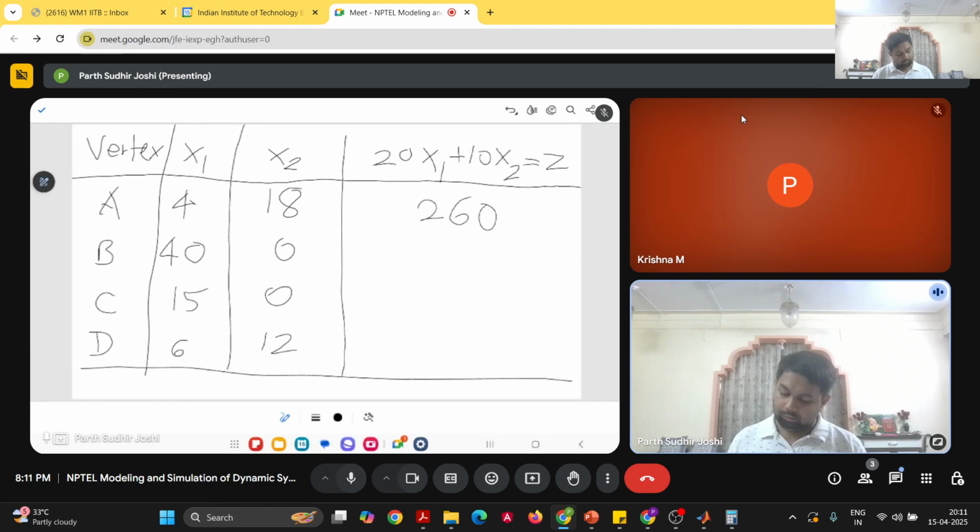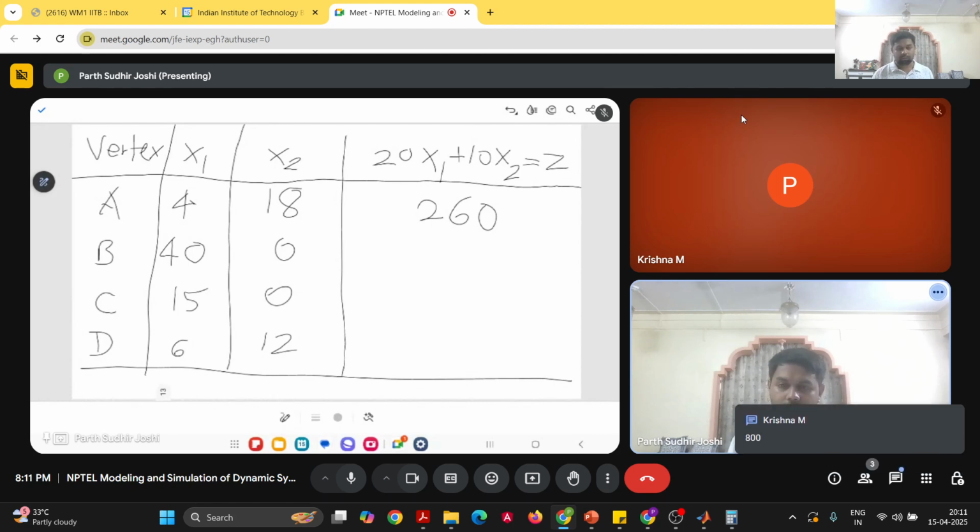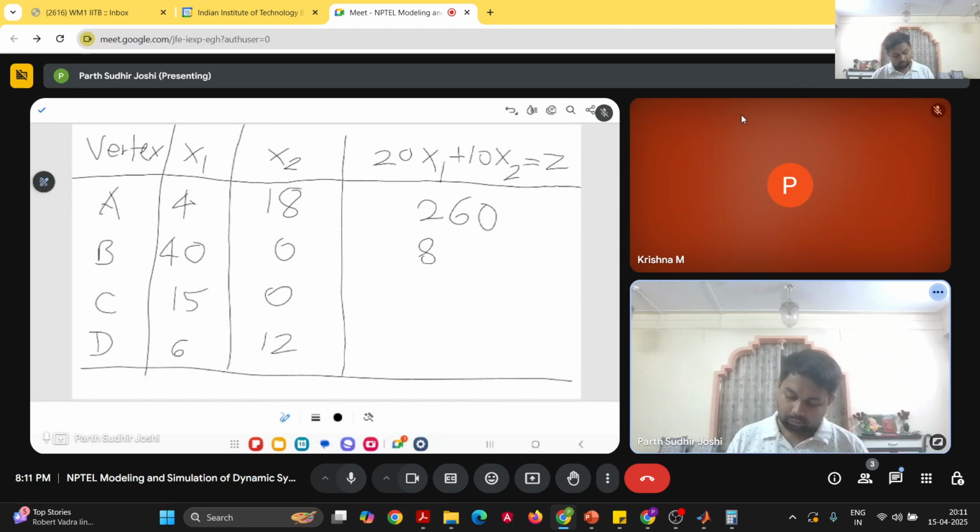Then for the next constraint, it will be 800.